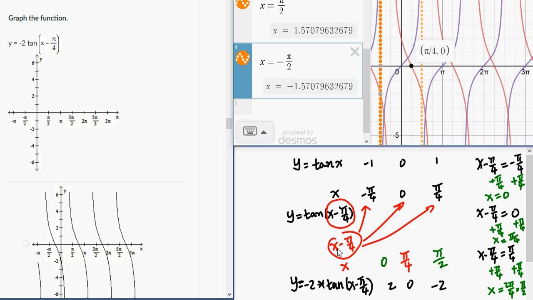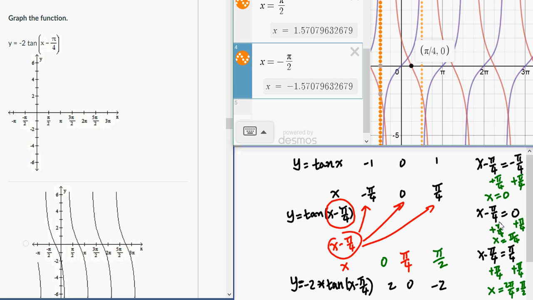You plug in pi over 4 here. You will do x, here is pi over 4, minus pi over 4. You get 0. So in order to have a 0 value for y, previously you just needed x to be 0. Now you need x to be pi over 4.